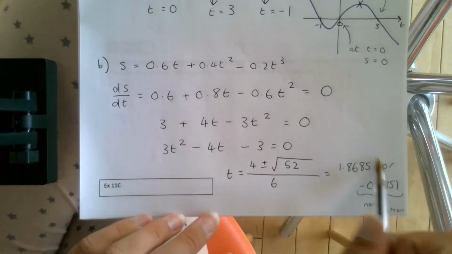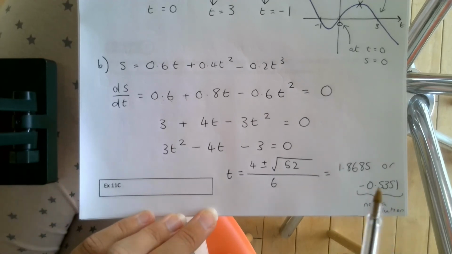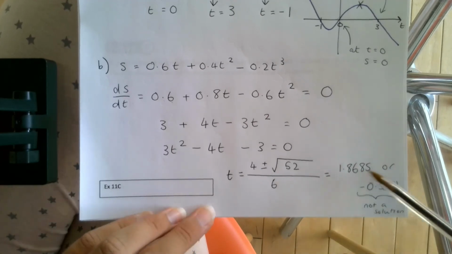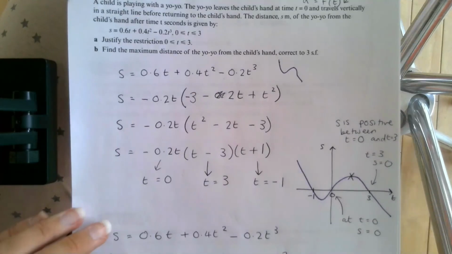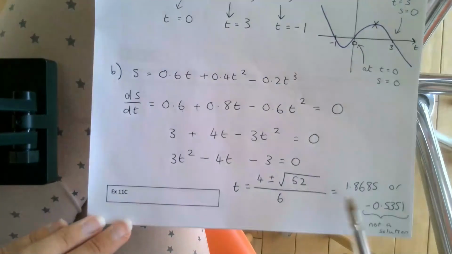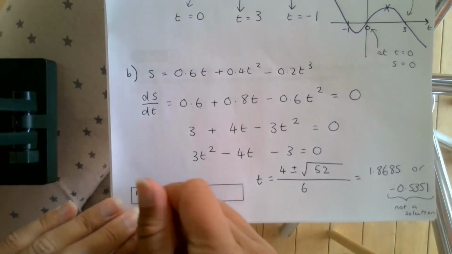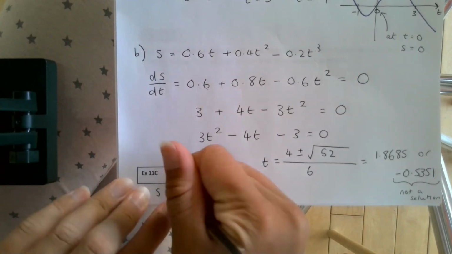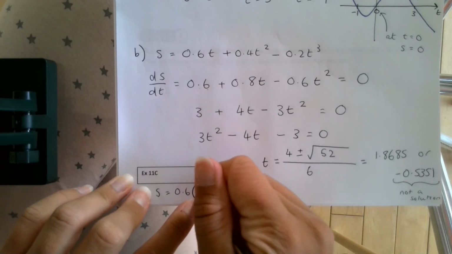So instead, I know that this is the time that the maximum distance occurs. However, I've not completely finished, because I actually want to find the maximum distance, not just the time that it occurs at. So I need to substitute that time into my expression for s. So s equals 0.6, and then instead of t, I'm using 1.8685.